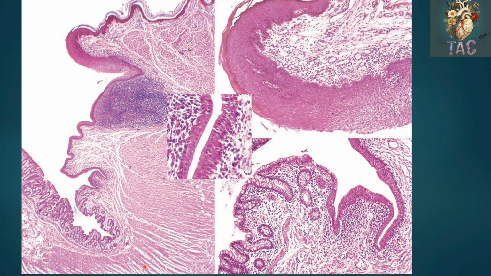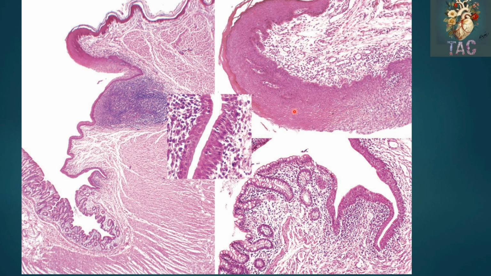This is actually the circularly arranged smooth muscle cells of the muscularis externa of the large intestine, that is the rectum, which is now forming the internal anal sphincter, and this is the lymphatic nodule, and in this area you can see the epithelium has now become stratified squamous non-keratinized. This is the magnification from this area.